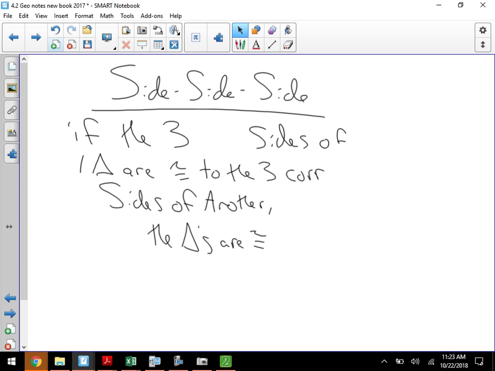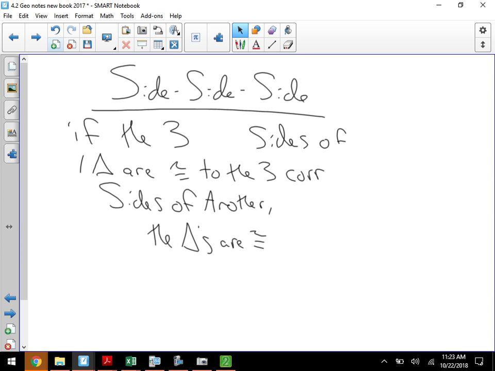I want to dedicate a square to how to show triangles congruent. Make sure you save yourself some space, because there's going to be 5 total. We're going to continue to list them in the same square.